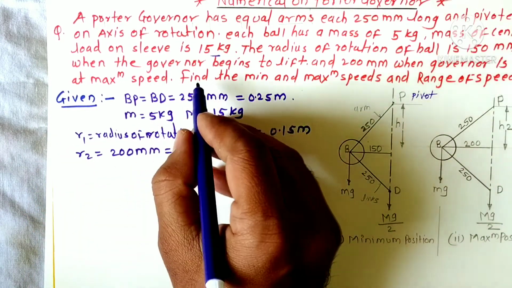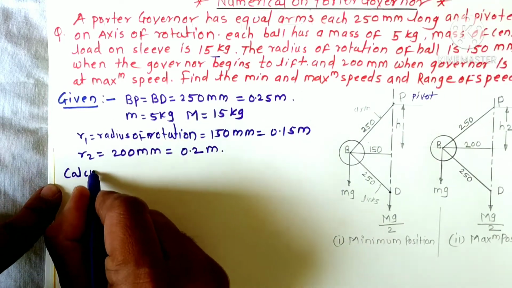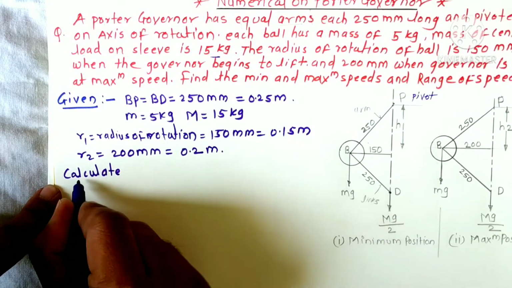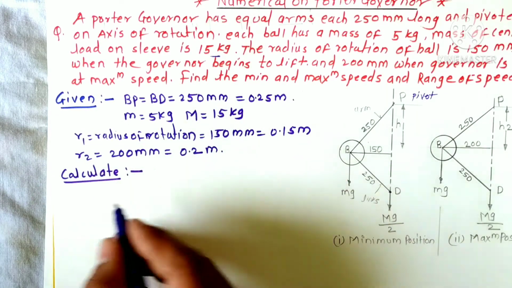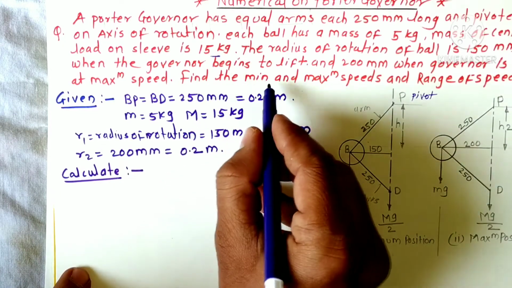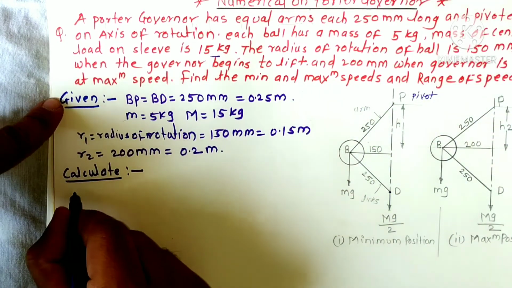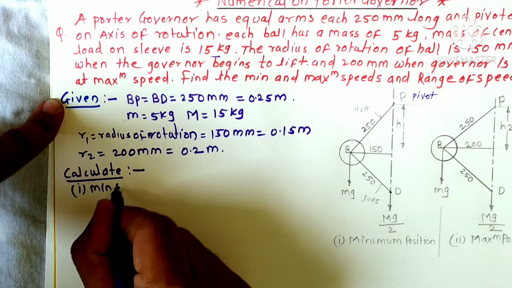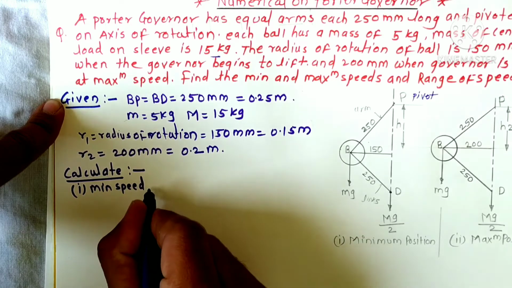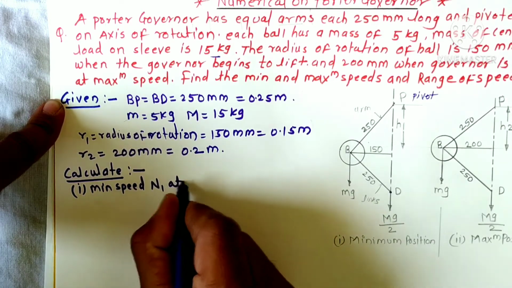Now we have to write down the calculated things. What we have to calculate? Find the minimum and maximum speed and range of speed. So first thing we have to calculate is minimum speed, that is N1 at R1.